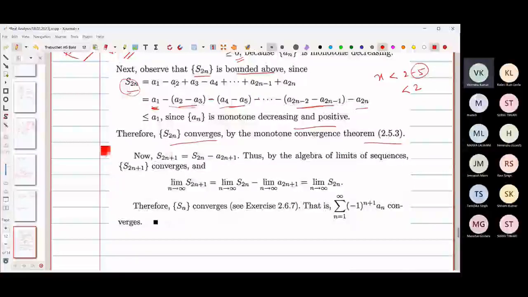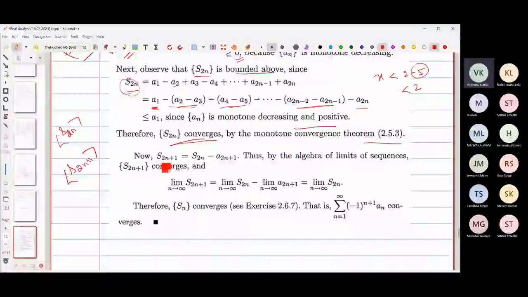We know that a series is convergent if the sequence of partial sums of even terms and the sequence of partial sums of odd terms, only these two have to be checked, converge. So S2n converges.